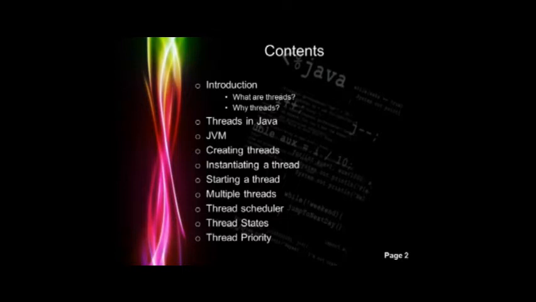The Java language allows us to create more than a single thread to run in a single program, so we will be taking you all through that. Then the thread scheduler, which comes under the JVM and handles the life cycle of a thread, thread states, and thread priorities.